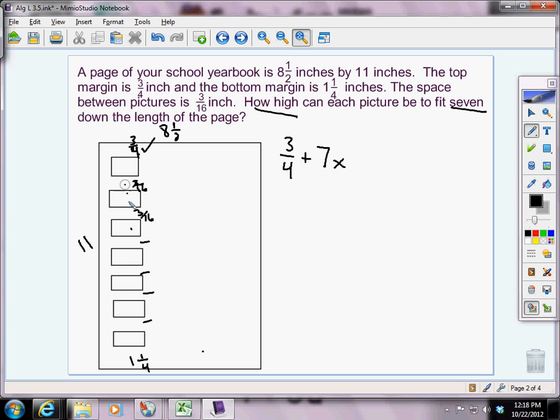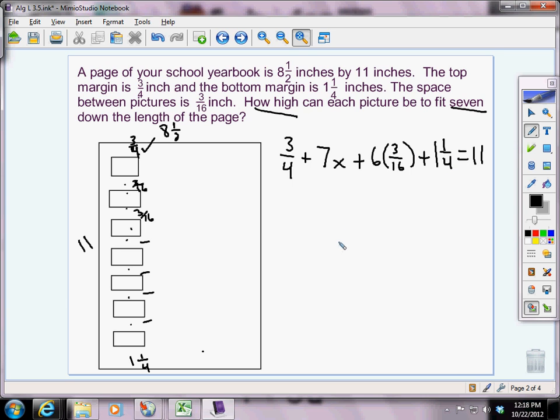Well, there's 1, 2, 3, 4, 5, 6 spaces between the pictures. So we add 6 times the space between the pictures, which is 3/16. And then we have our bottom margin, which is 1 1/4. What does that have to equal? Well, how tall is my page? 11. Do you see how drawing a diagram helps us set up this equation?